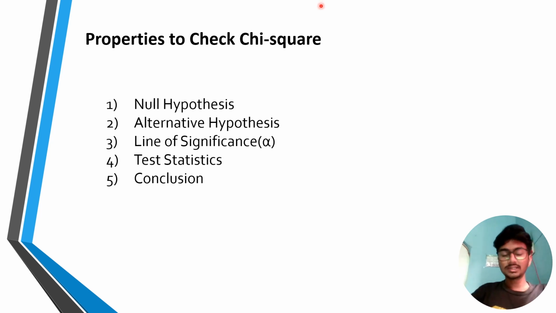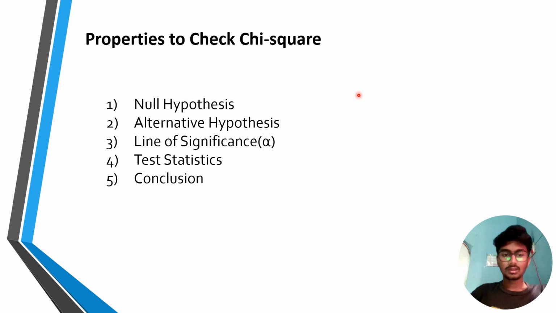The steps to check chi-square are five: null hypothesis, alternate hypothesis, level of significance, test statistic, and conclusion. The null hypothesis is mu equals zero, alternate hypothesis is mu not equal to zero.